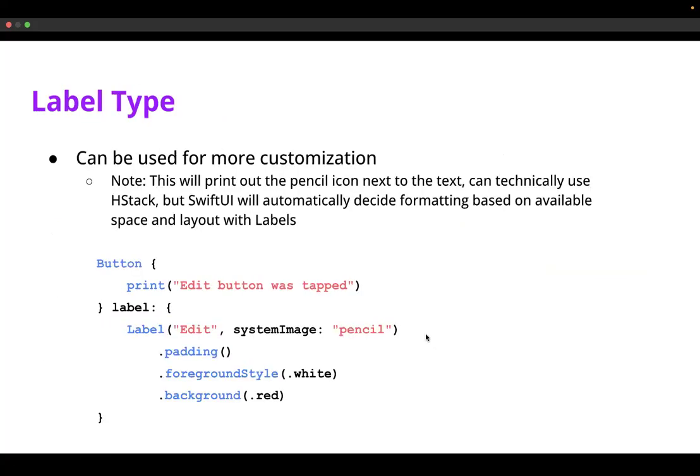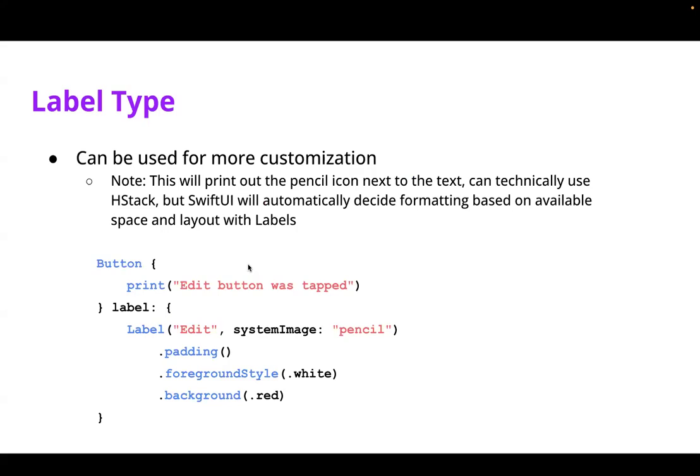And then this is just another way of building on the slide that we used before, which is again using our label type for more customization. So in this case, we are having both text and also an image, and then we're also customizing how our button looks with the image and how our text looks by defining padding, foreground style, and background again.